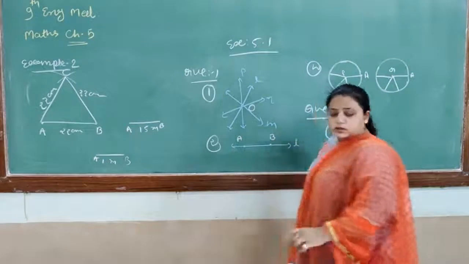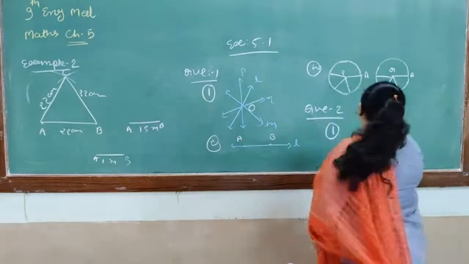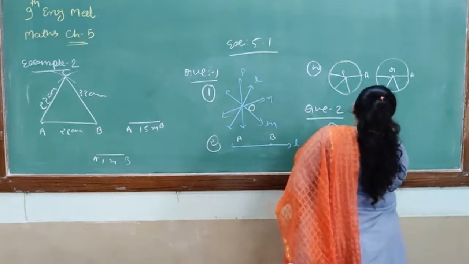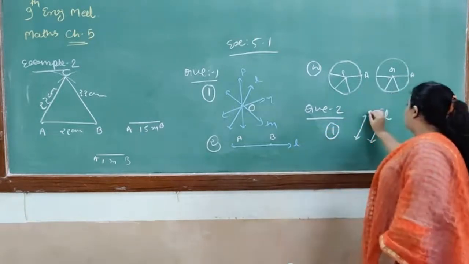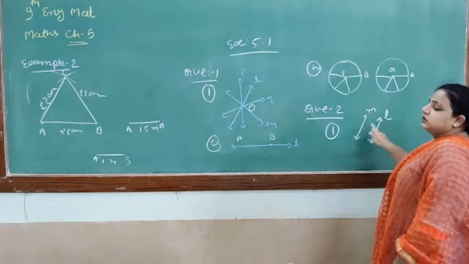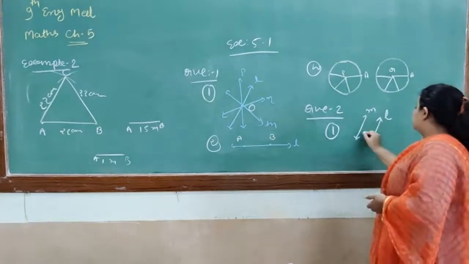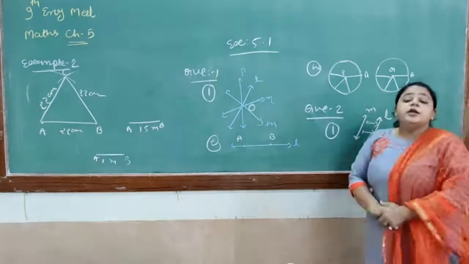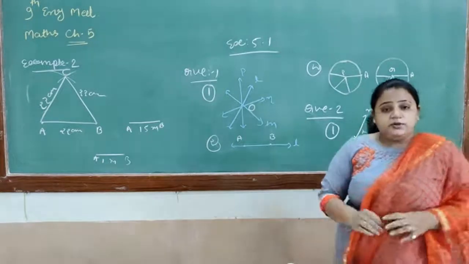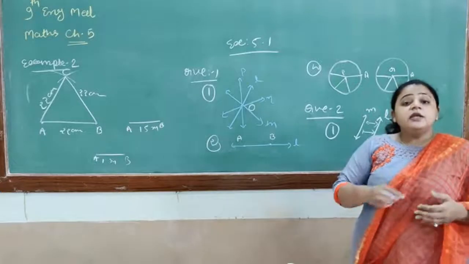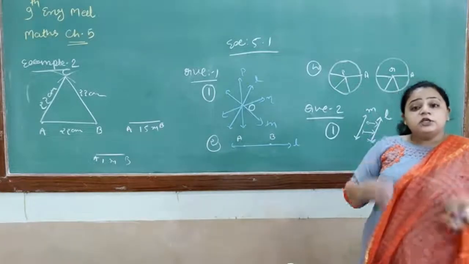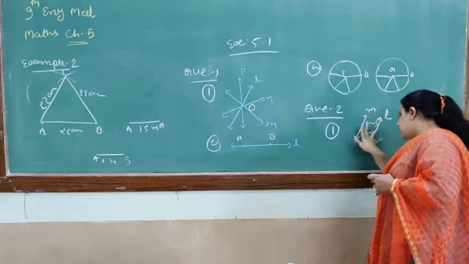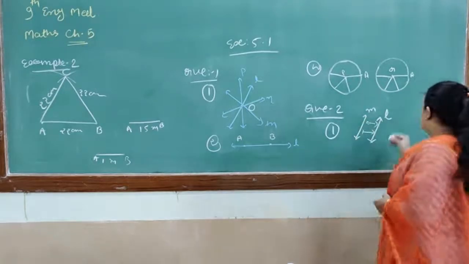First is parallel lines, like line L and line M. We can say that parallel lines can never intersect each other, and the distance between both lines is equal.